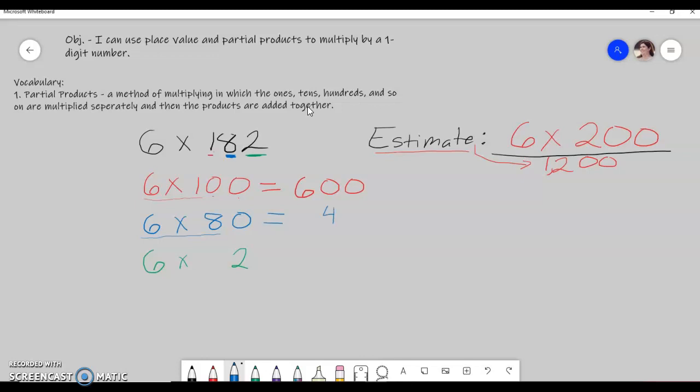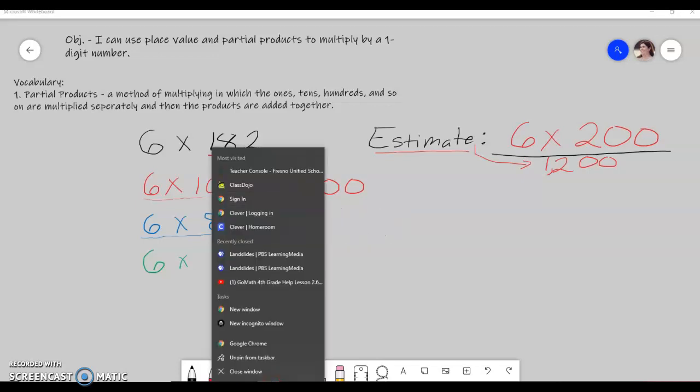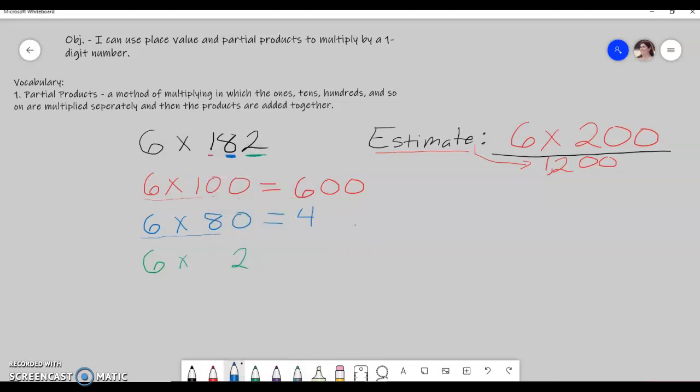So it's not just 48 and a 0 over here. Remember, we have to line up those place values. So it's actually going to be 480. And again, notice the place values being lined up. And last but certainly not least, we've got 6 times 2. Well, 6 times 2 is a basic fact. Yes, it is 12.